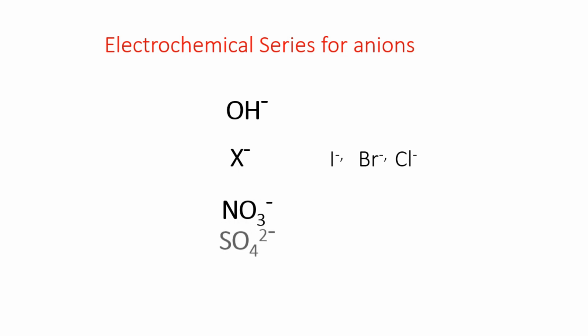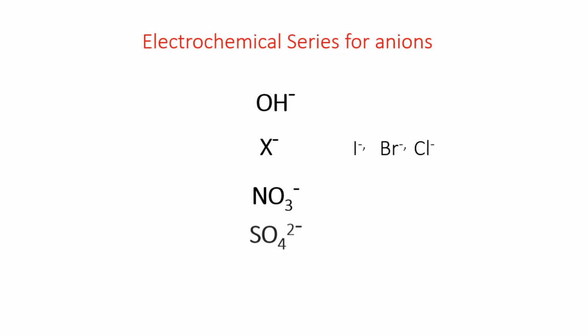So if all of them are together in an electrolyte and you pass electricity, then the first one, hydroxide, will approach the anode to lose electrons. When hydroxides are finished, then next, suppose here halogen or chlorine will lose electrons. So gradually their selection order decreases down the group.